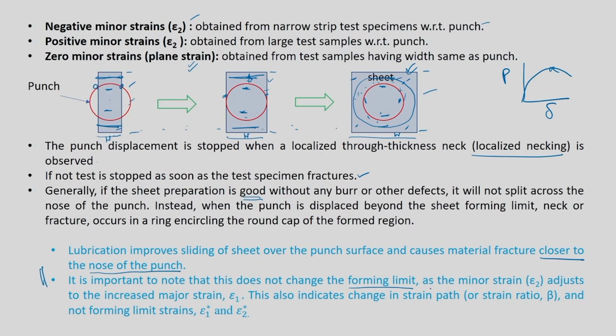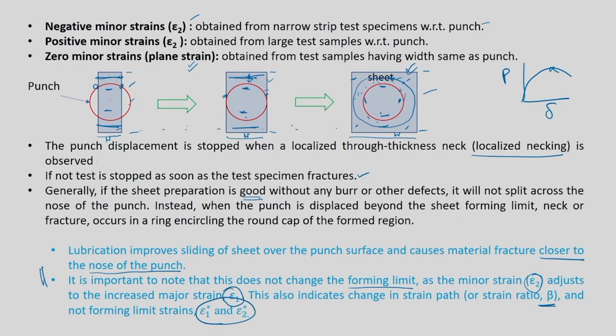What lubrication does is, the minor strain epsilon 2 adjusts to the increased major strain. If you put lubricant, the strain value can change, but accordingly epsilon 2 will get adjusted for whatever value of epsilon 1 you have, which also means it indicates a change in strain path or strain ratio beta. The forming limit strains, epsilon 1 star and epsilon 2 star, will not change.